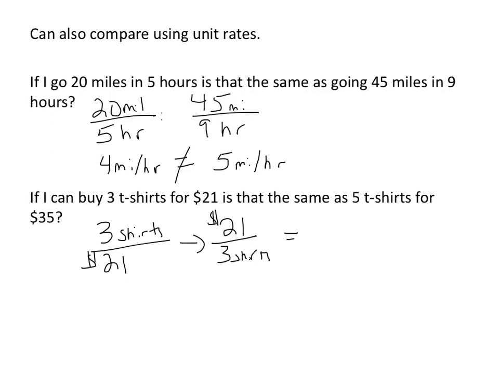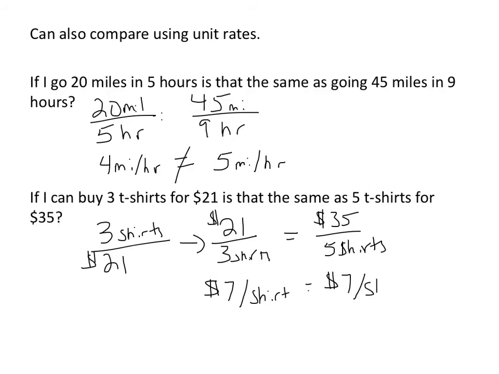We want to know, is that the same as paying $35 for 5 shirts? Okay, 21 divided by 3 means I'm paying $7 per shirt. 35 divided by 5 means I'm paying $7 per shirt, and since that's the same, these two are proportional.